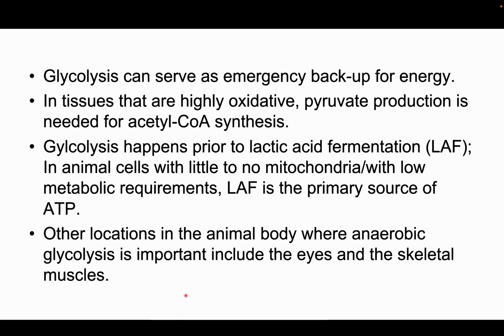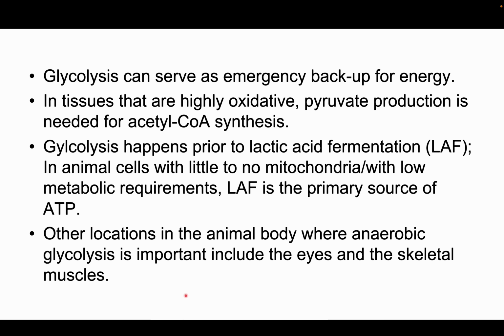In tissues that are highly oxidative, pyruvate production is very important for oxidative phosphorylation and for acetyl CoA synthesis. And in conditions where oxygen is not involved, glycolysis relates to lactic acid fermentation. So it happens prior to lactic acid fermentation, because pyruvate is needed for lactic acid fermentation.